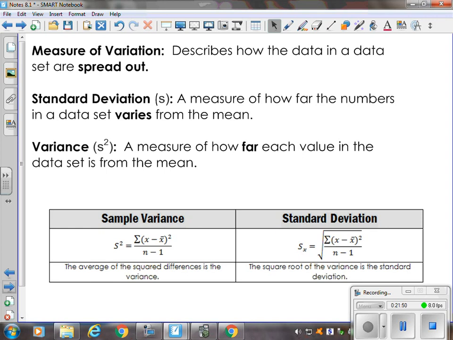And then variance, well, when you look at the deviation, let's say the class average is 70. If somebody made a 65, you're 5 below. But if somebody makes a 75, they're 5 above. That's a difference of a positive and a negative value. Does that make sense? Variance takes out the thought about negatives and just talks about how far you are from the mean without the negative thought.